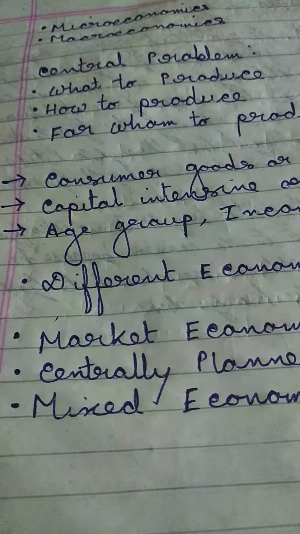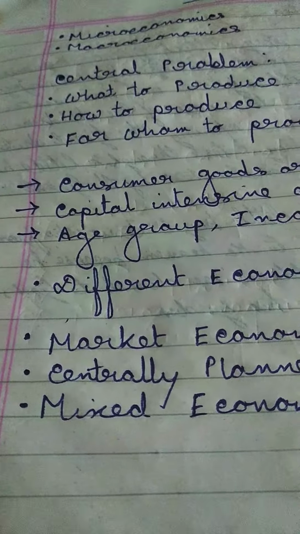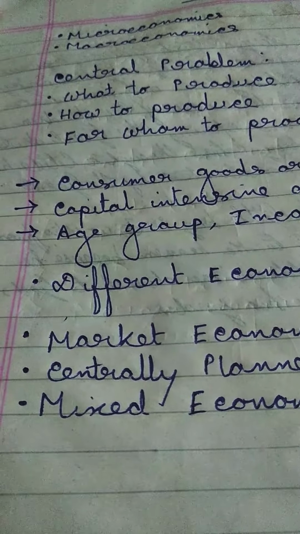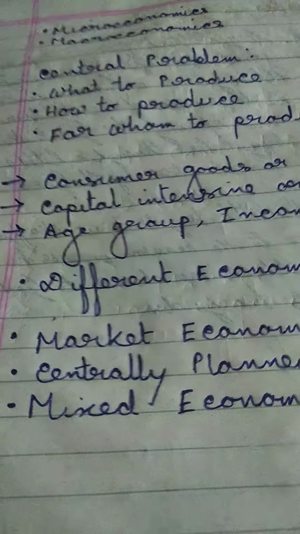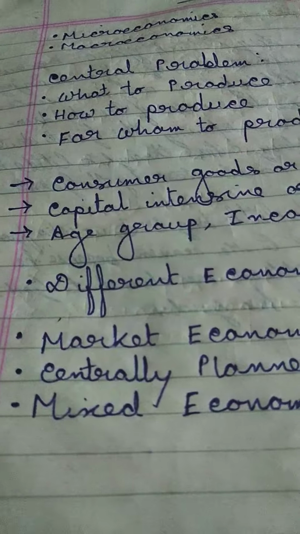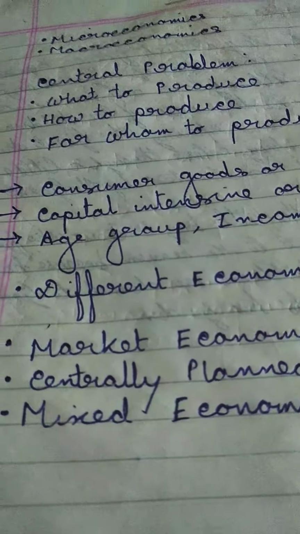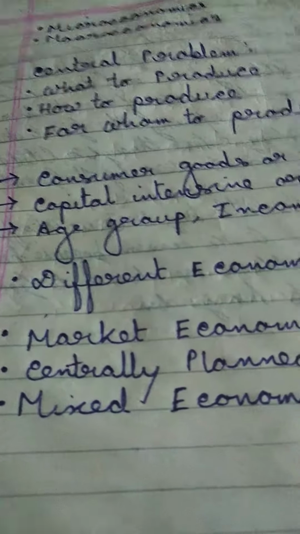So obviously there is no freedom for the producer. The government of that particular economy will decide that this type of production or this type of technique you as a producer have to follow. You can see the example of China.